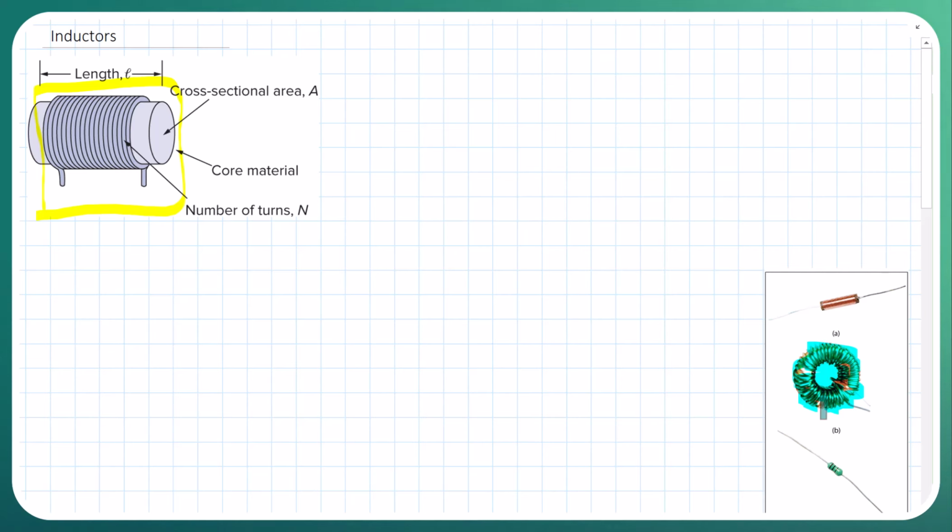Any conductor has inductance, but the effect is typically enhanced by coiling up the wire, like we see in this one. When you coil up the wire, it enhances the inductance. So let's go ahead and write this and then define some relationships.